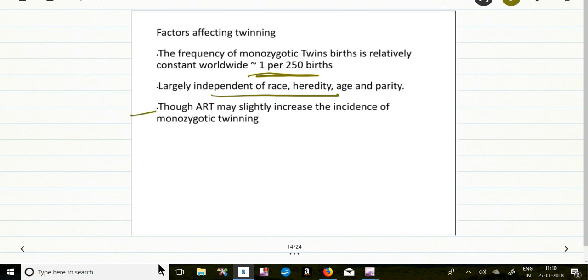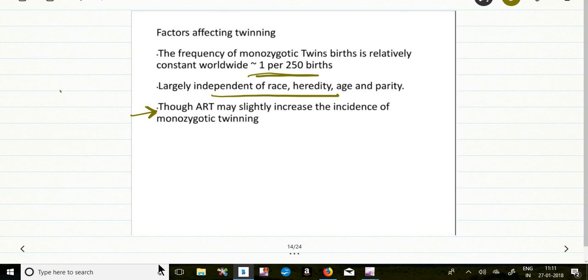But ART does increase the risk of monozygotic twinning as well. Now the principle of ART increasing the risk of dizygotic twinning is simple. The relative risk of having dizygotic twinning is higher. So the most common type of twinning associated with ART is always dizygotic, because you have multifollicular development.